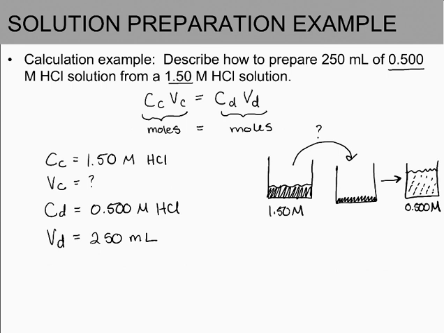Okay, so we have CC, which is 1.5 moles per liter. And then we don't know what VC is, so we'll just leave that the same. And then we'll set that equal to CD, which is 0.5 moles per liter, times 250 milliliters.